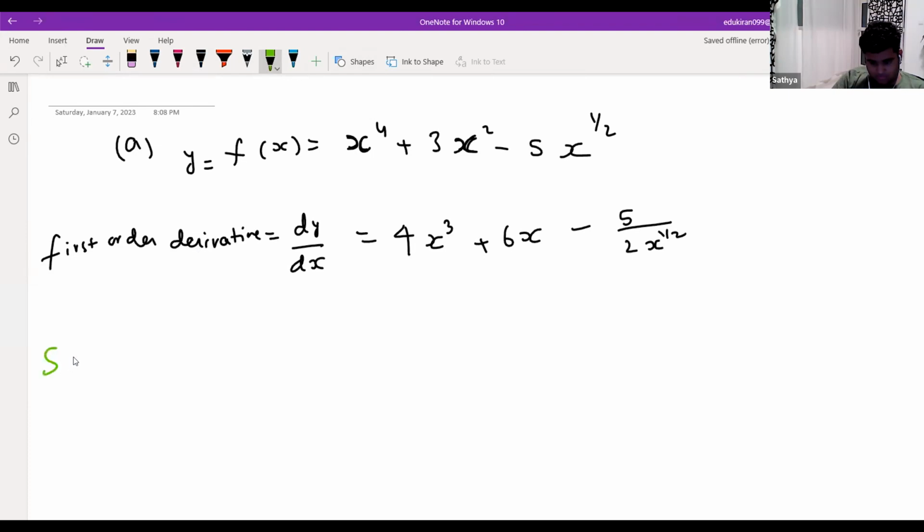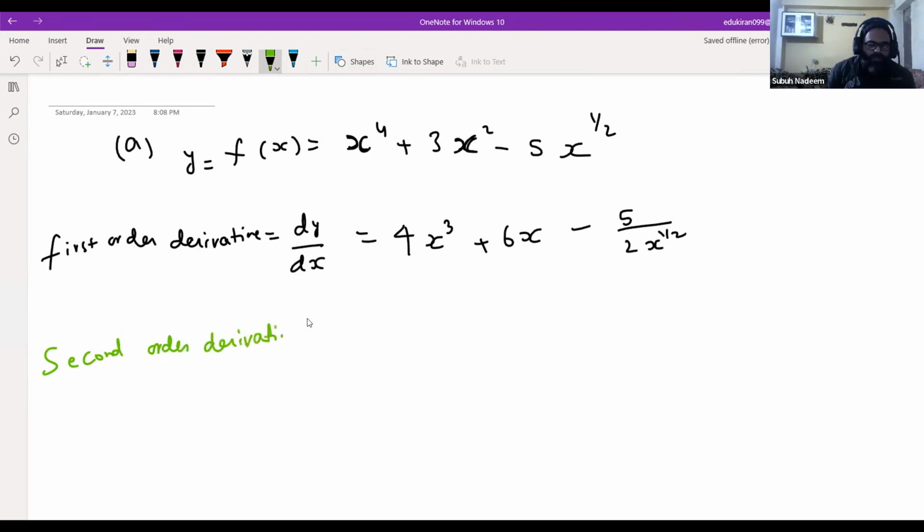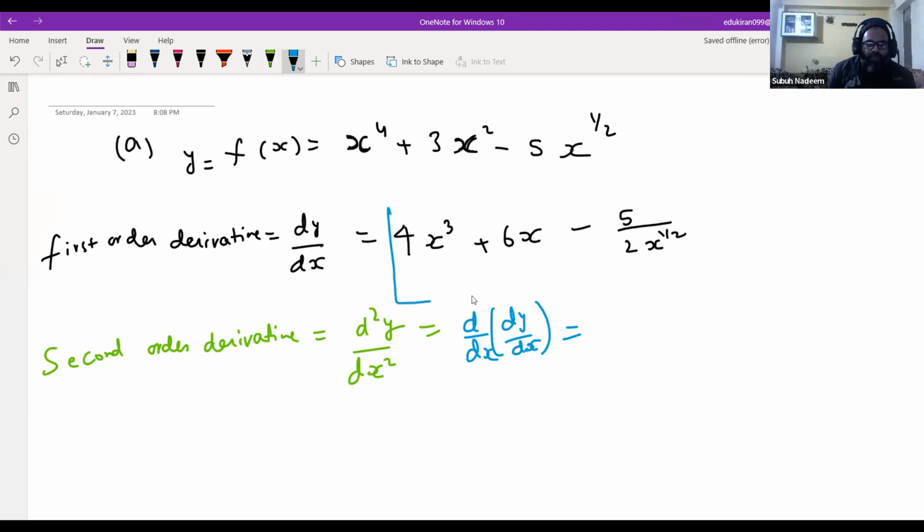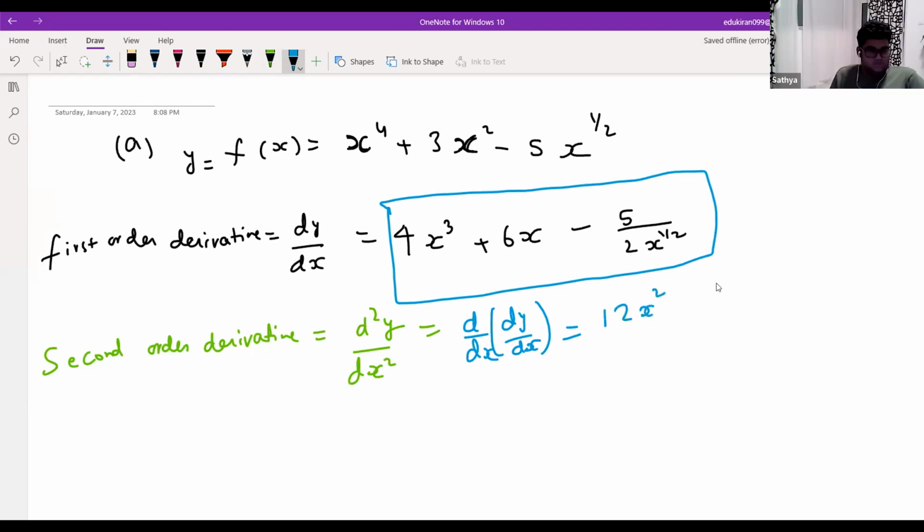Now, second order derivative, which is d2y by dx square. When we differentiate dy by dx again, this means we are differentiating dy by dx, which has come over again. We will treat it as a function, and so we will get 12x square plus 6.